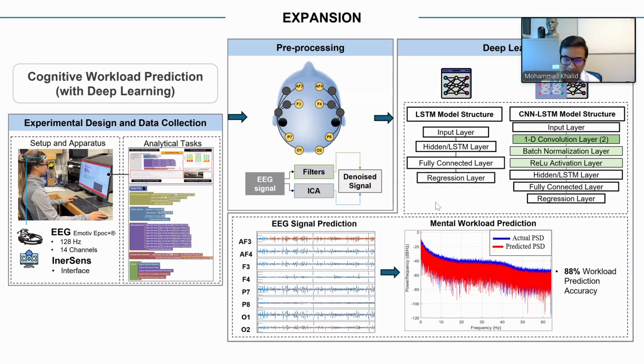And if you make any mistake in construction, people might die. So you cannot afford to wait until your cognitive workload is going high, but you need to have systems in place that can detect or forecast that cognitive workload before it is happening, just like weather forecasting, just like how we forecast the rain before it happens, right? So this is exactly the type of concept we are trying to bring to construction.